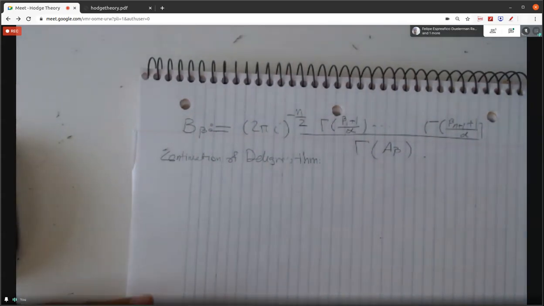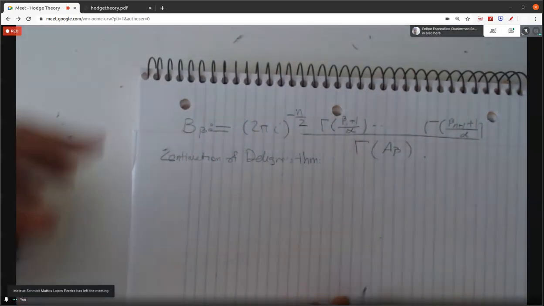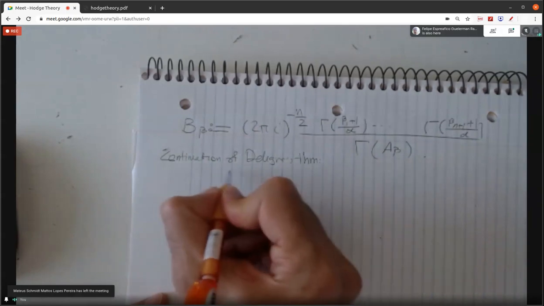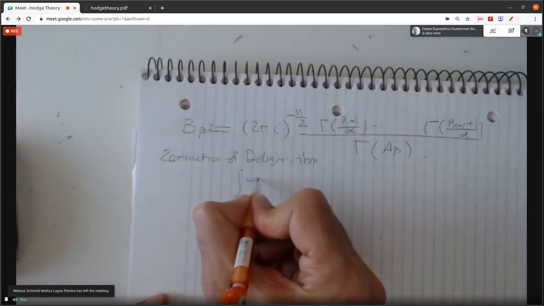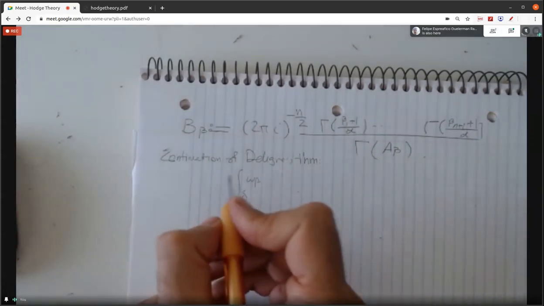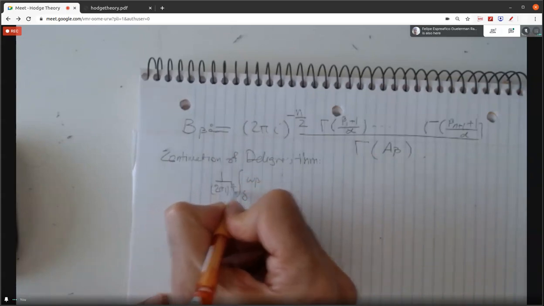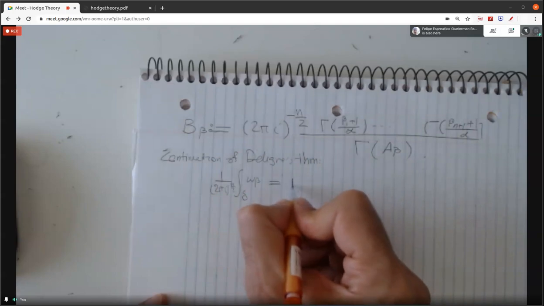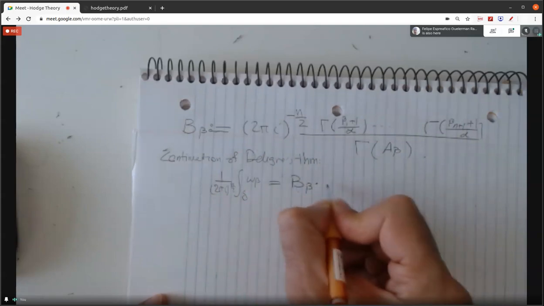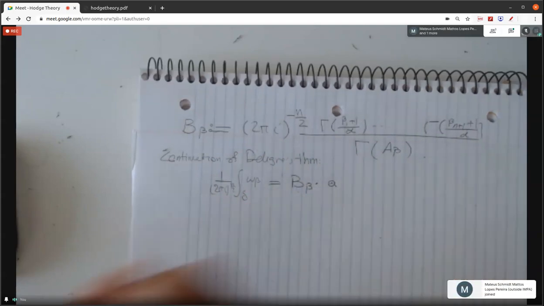So let me again take omega beta. Delta is a Hodge cycle, 2 pi i to the n half. This is the same as here. So this is b beta times some number a.